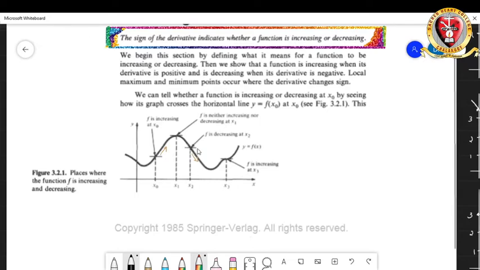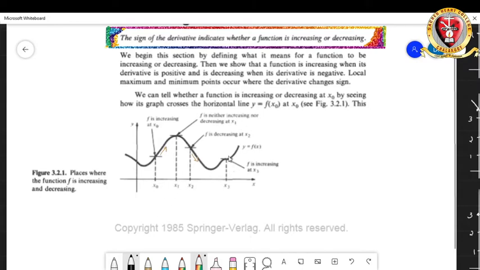And consider the point x2 and see the function. We are drawing a horizontal line parallel to the x-axis here, and you can see that the function came like this and then the function is again going down. That means the function is decreasing at the point x2, and at the point x3 it is the same behavior seen earlier at the point x1.